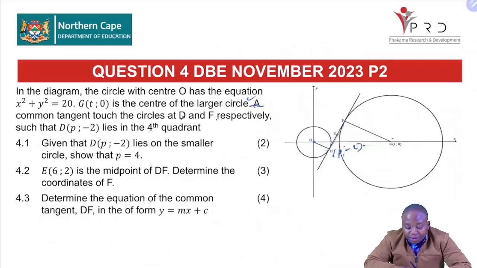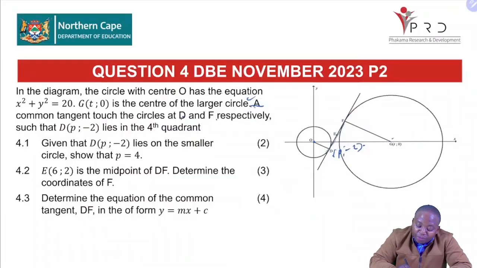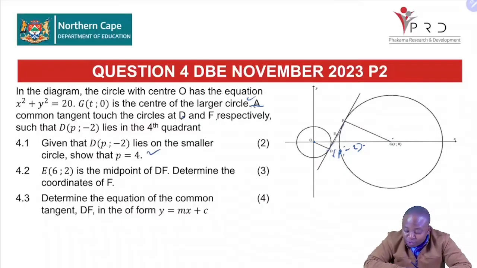Given that D, which is (p, -2), lies on the smaller circle, show that p is equal to 4.